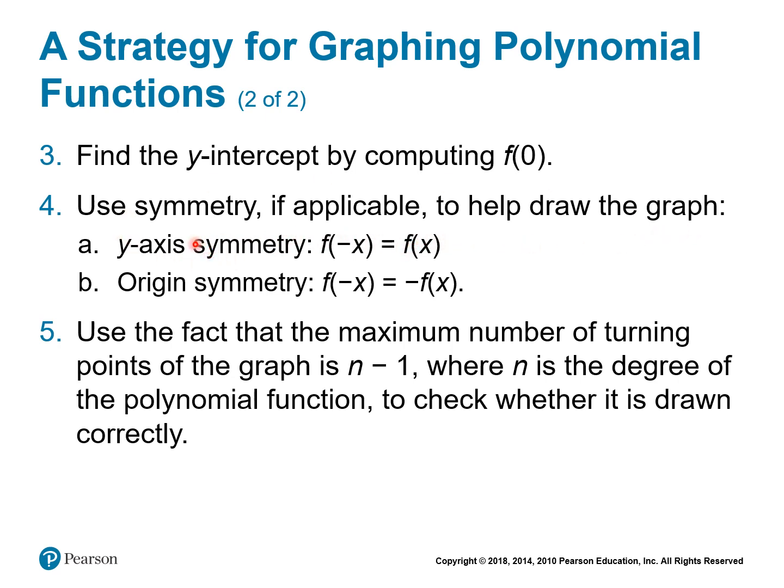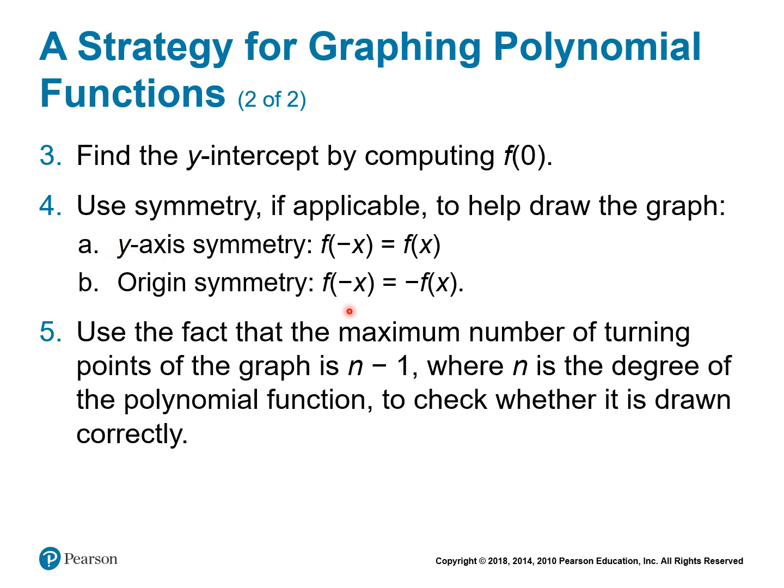Now, this is again going back to, I think, chapter 1, y-axis symmetry. Y-axis symmetry means if you input negative x into f and get back the same function f of x, then it's a y-axis symmetry.